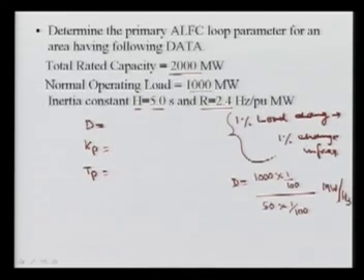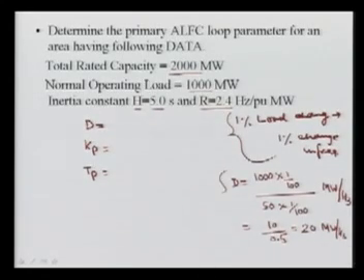Always we must be careful about the per unit megawatts, or the per unit hertz, etc. So here, because we are getting 1% of the operating load in megawatt, this value will be 10 divided by 0.5, and now we are getting 20, means 20 megawatt per hertz.